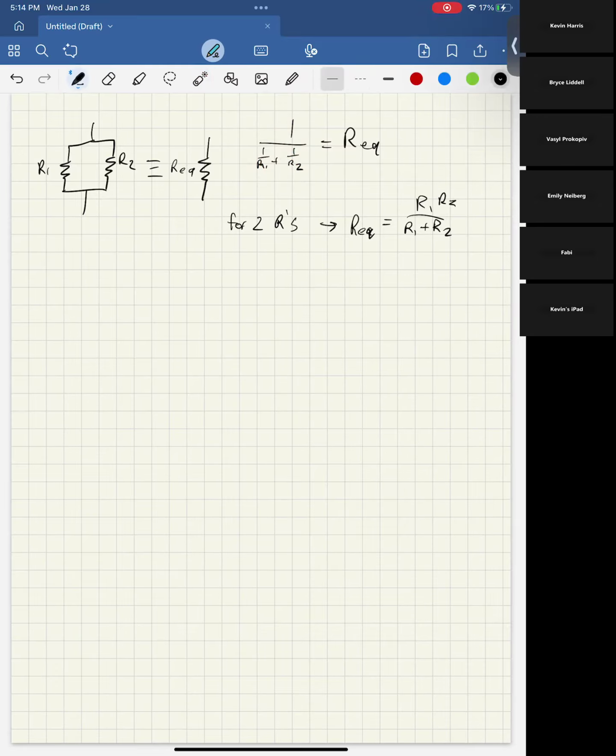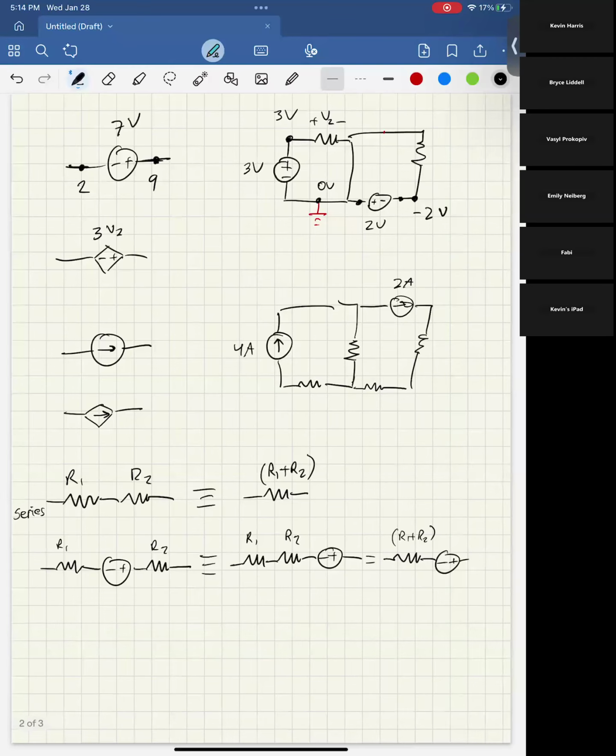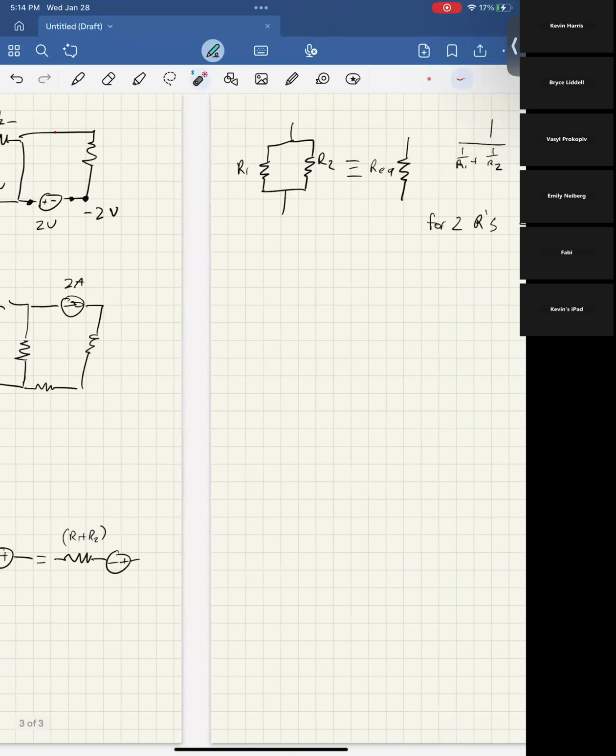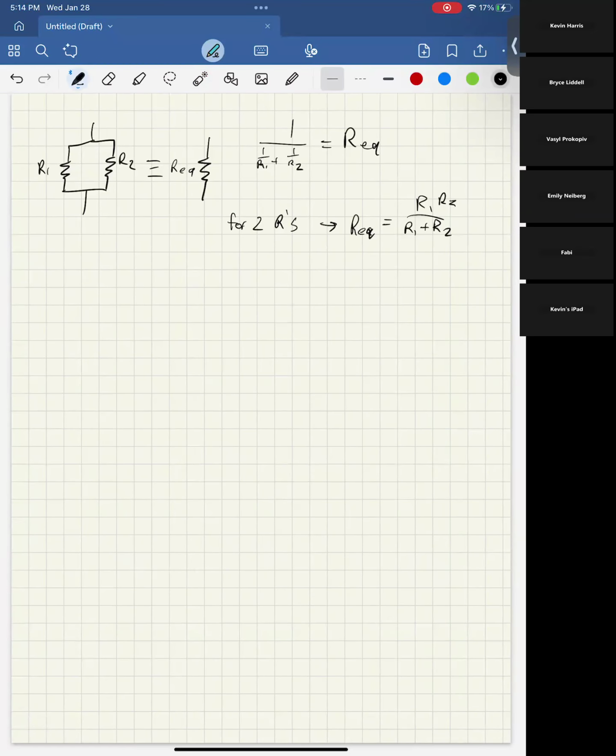So that's parallel. And then there's a couple of things I'm also going to touch on about parallel. Just like I said with things in series, the order doesn't matter. You can rearrange it as you want. It's the same with parallel things.